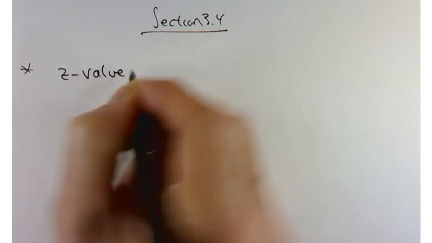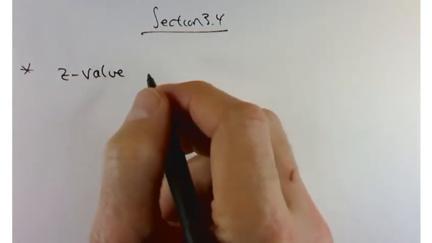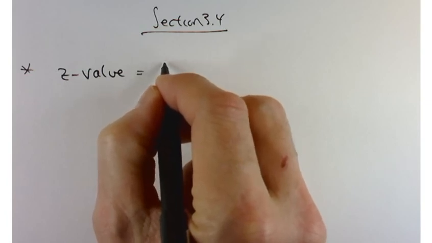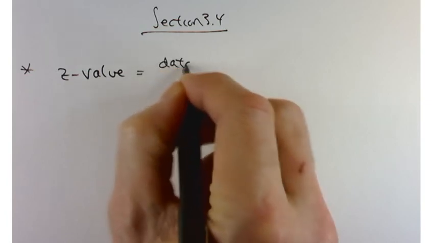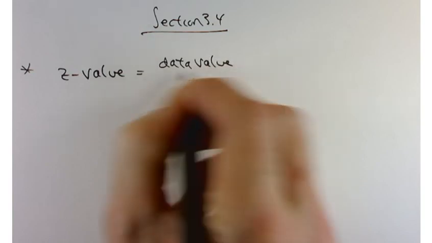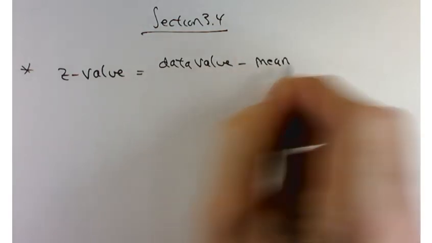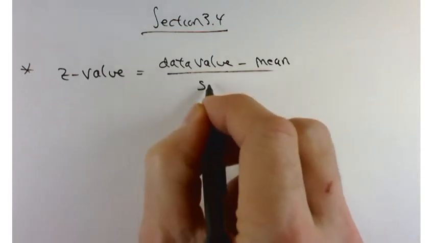The z-value is going to be calculated by this. You're going to take your piece of data, so your data value, minus the mean, and divided by the standard deviation.